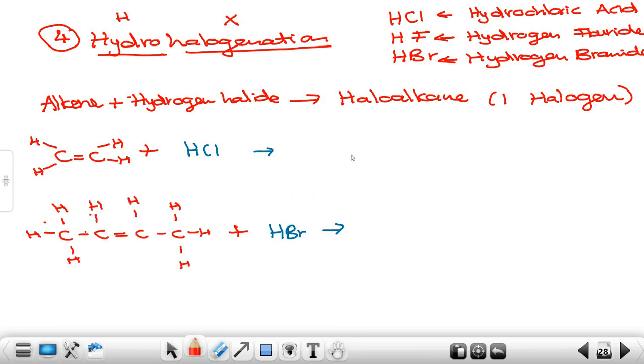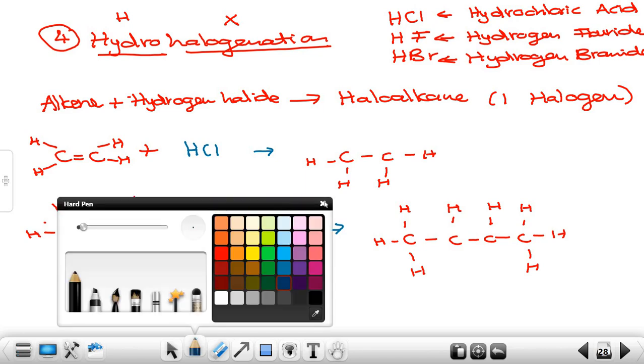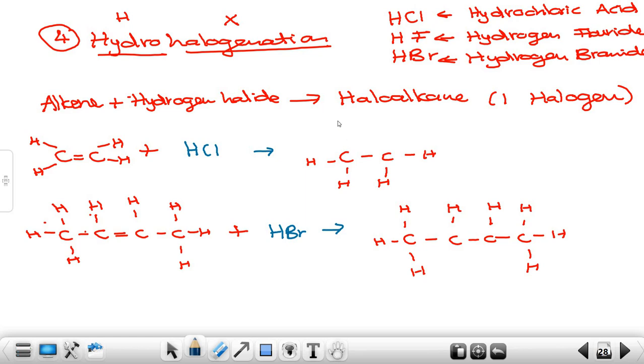So let's draw our existing molecule. This is what is already there. And this is what is already there. Right, now what are we adding in? We're adding in hydrogen chloride, so hydrogen and chloride. Here we are adding H and Br.